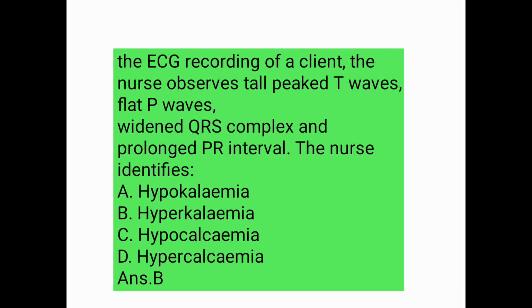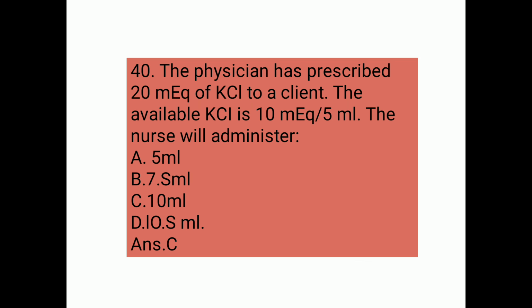On the ECG recording of a client, the nurse observes tall peaked T waves, flat P waves, widened QRS complex, and prolonged PR interval. The nurse identifies? The options are: hypokalemia, hyperkalemia, hypocalcemia, hypercalcemia. Correct answer is option B, hyperkalemia.